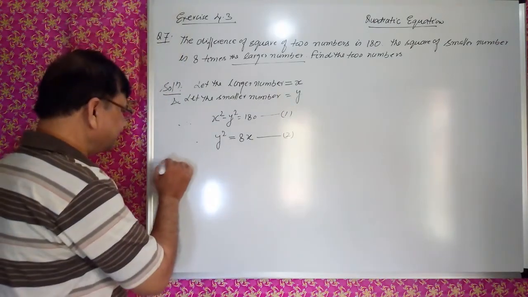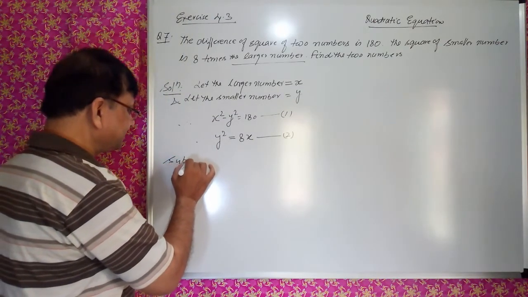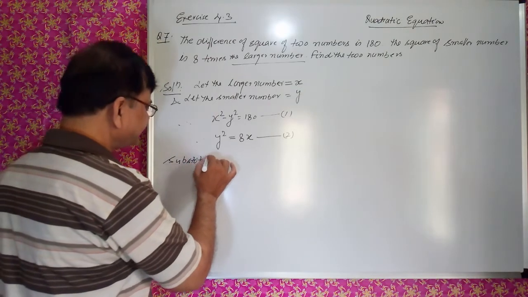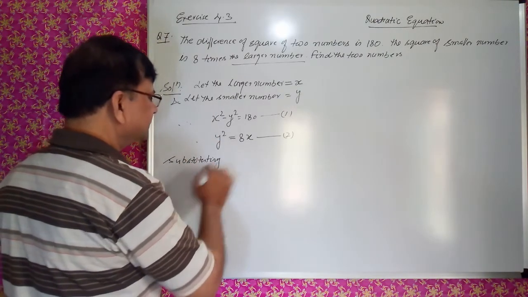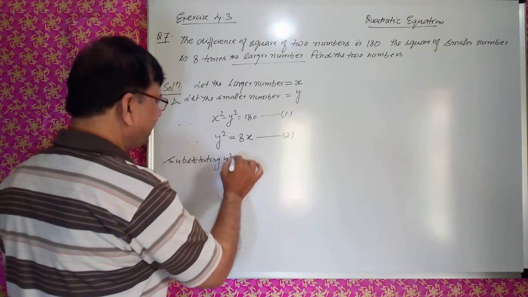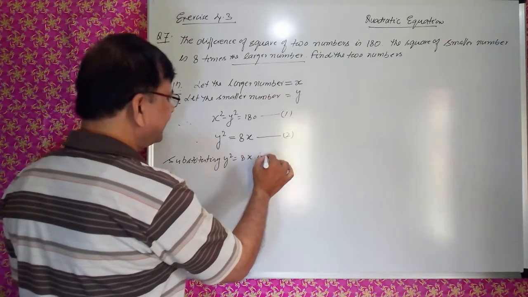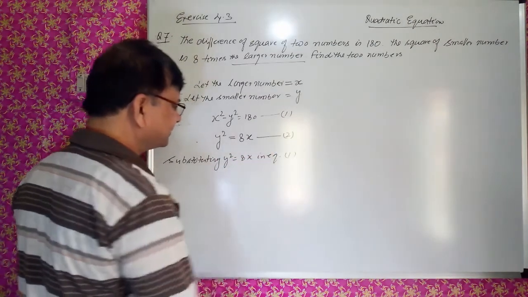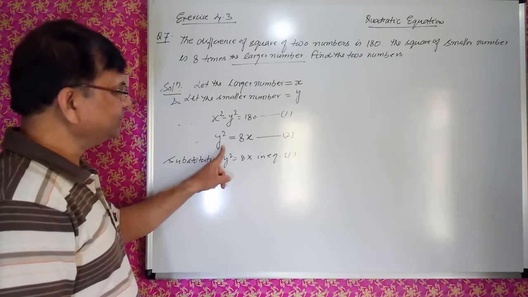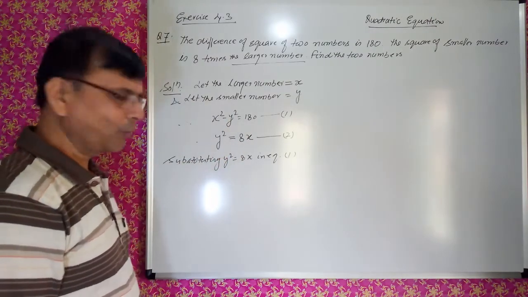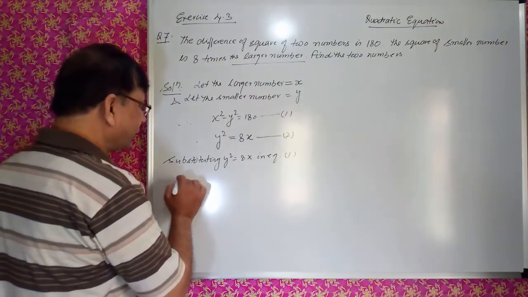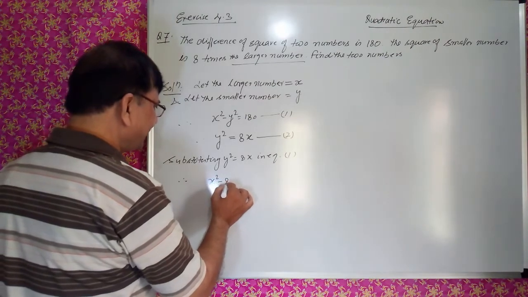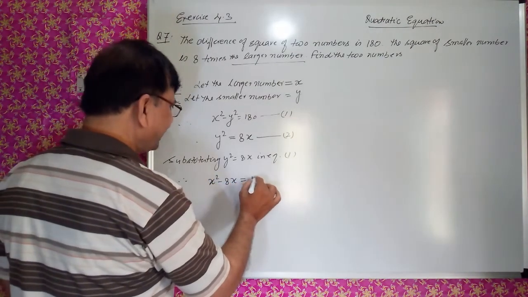So we can write, substituting y square is equal to 8x in equation 1. Put the value of y square, that is 8x, in equation 1. Therefore, x square minus 8x is equal to 180.